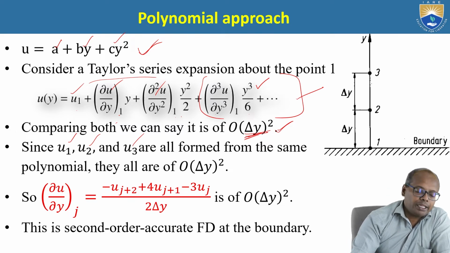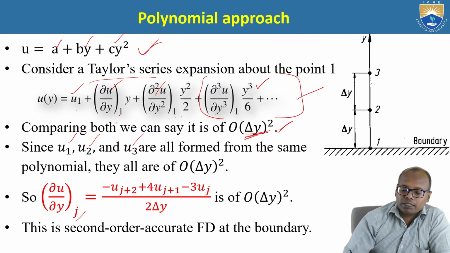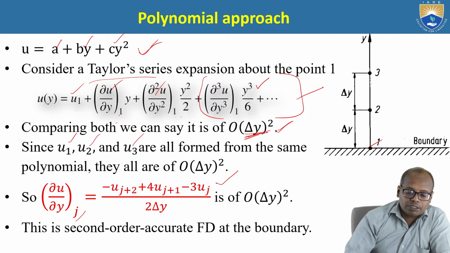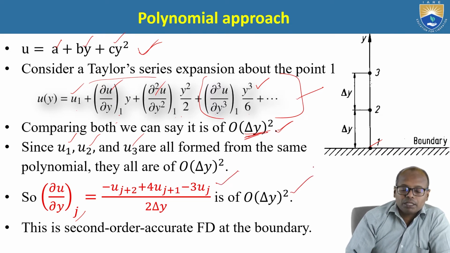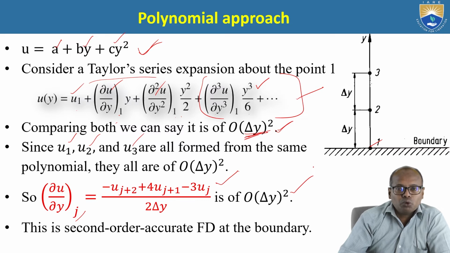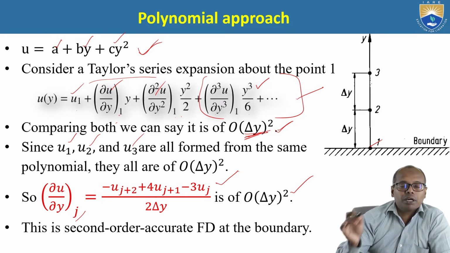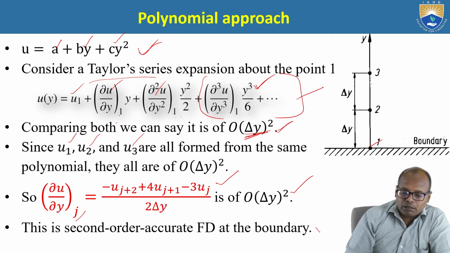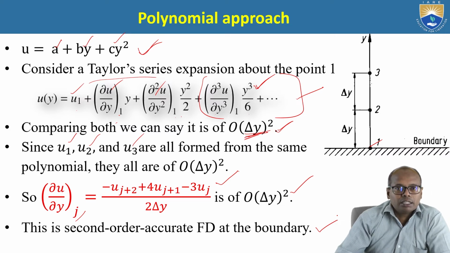So the dou u by dou y at j at node 1, where y is equal to y_j, the equation obtained is of order 2 since we are neglecting the power 3 terms in the Taylor series. So this is called the second order accurate finite difference expression approximation at the boundary.